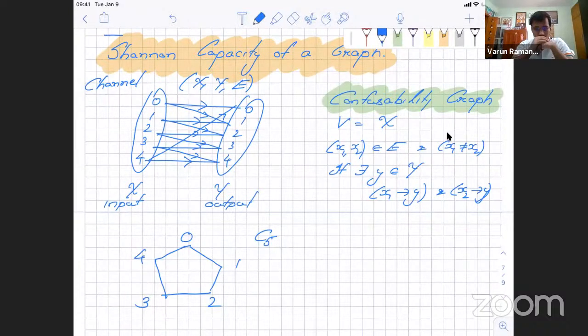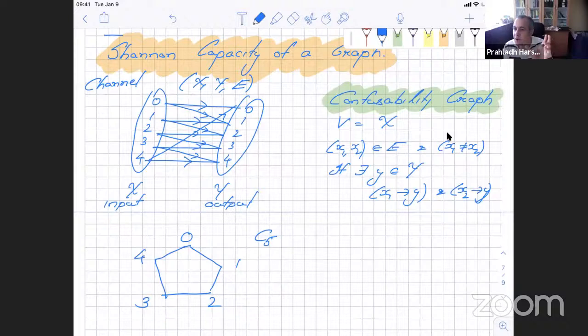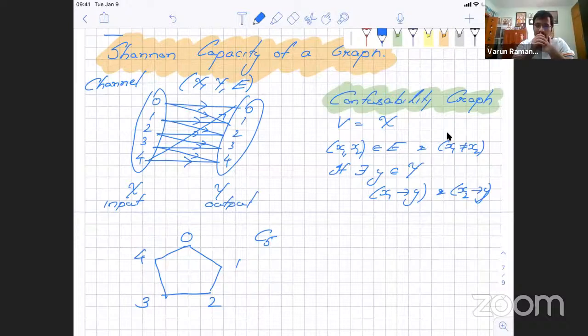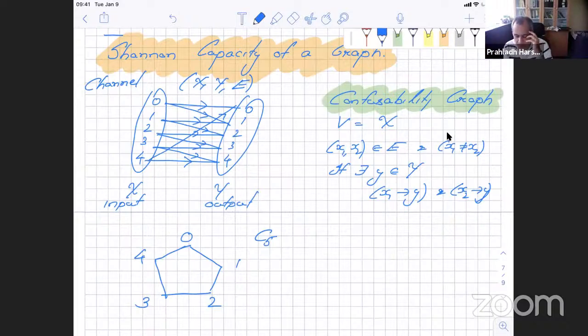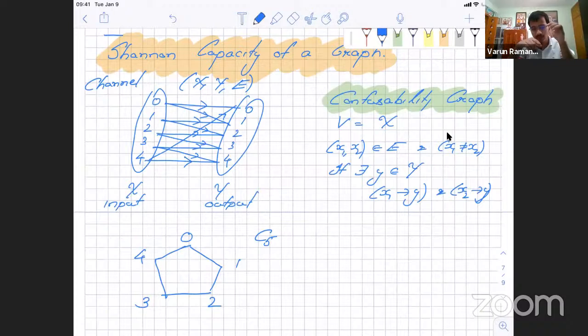So if there's a possibility of confusion between these two input alphabets, then I put an edge between them. So if I send 0 and 2, I mean, you won't confuse these two, but those can be fudged to some other alphabet. So how do you recover it then?